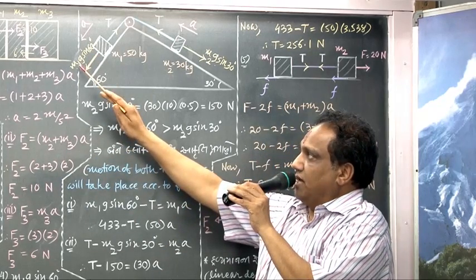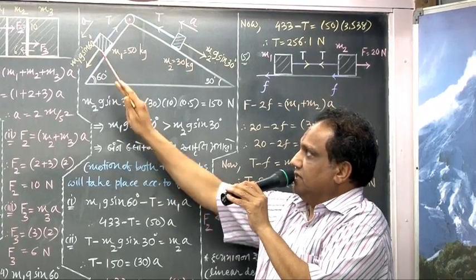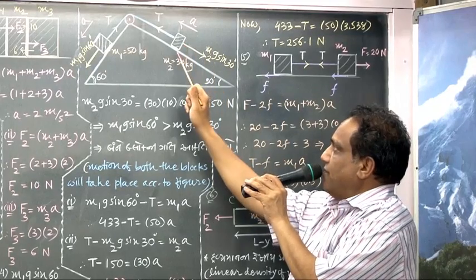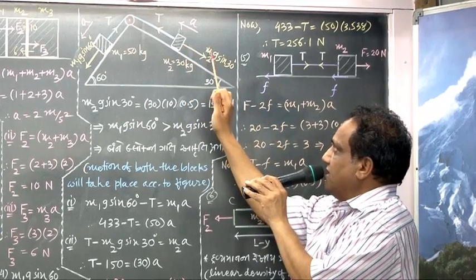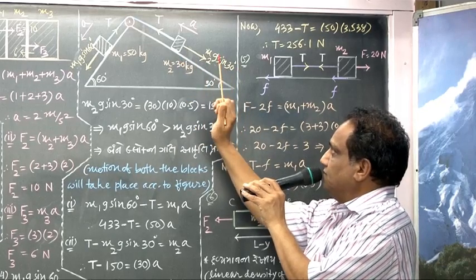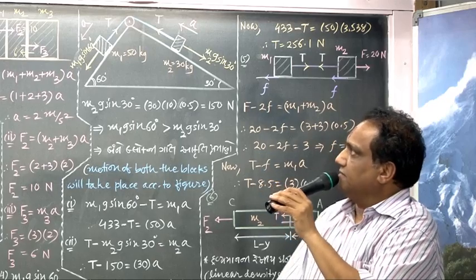Instead of m, I am putting m1 g sin theta. Theta is right now 60 degree. Similarly, the force exerted on this block parallel to the surface of the slope will be m2 g sin theta. Theta is 30 degree.